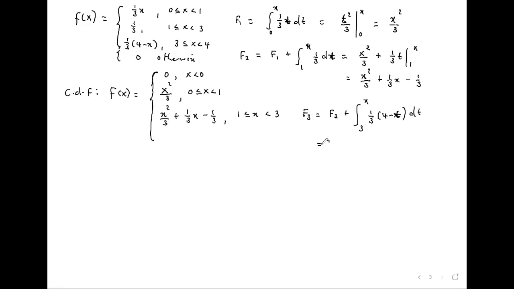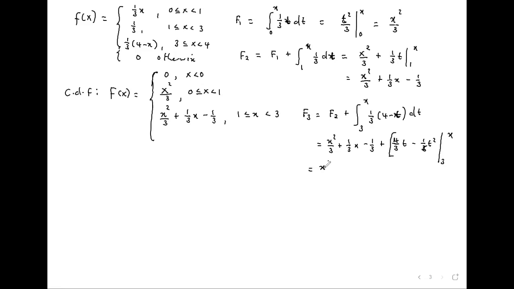Now F2 is x squared over 3 plus 1 over 3x minus 1 over 3 plus, we integrate the inside, we'll get 4 over 3t minus 1 over 6t squared. These are running from 3 to x.